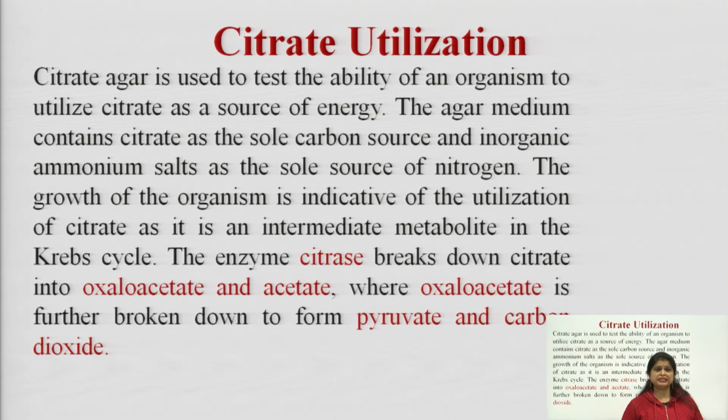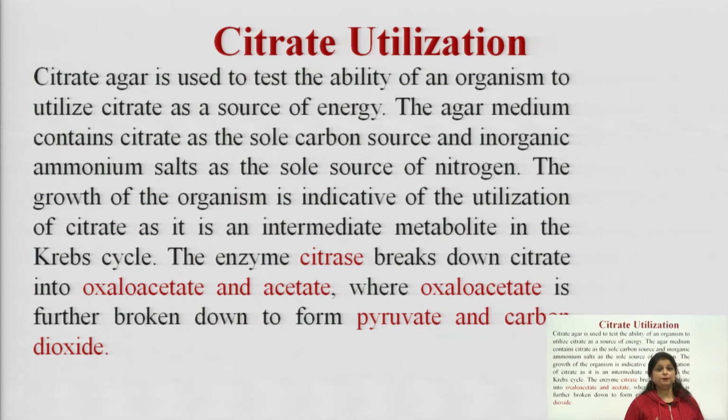Citrate utilization means we have to take a broth which must contain citrate. Citrate will be metabolized here. In the first test, indole was produced, but in this case citrate is going to be utilized, metabolized by the enzymes released by the bacteria. Which enzyme will metabolize citrate?